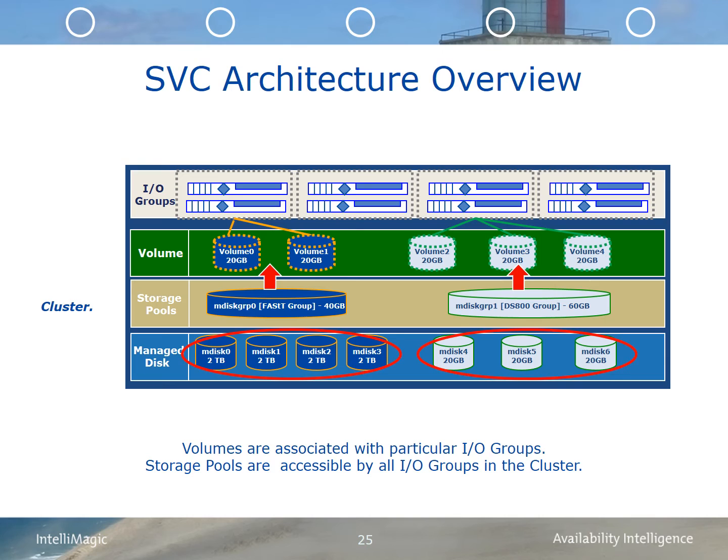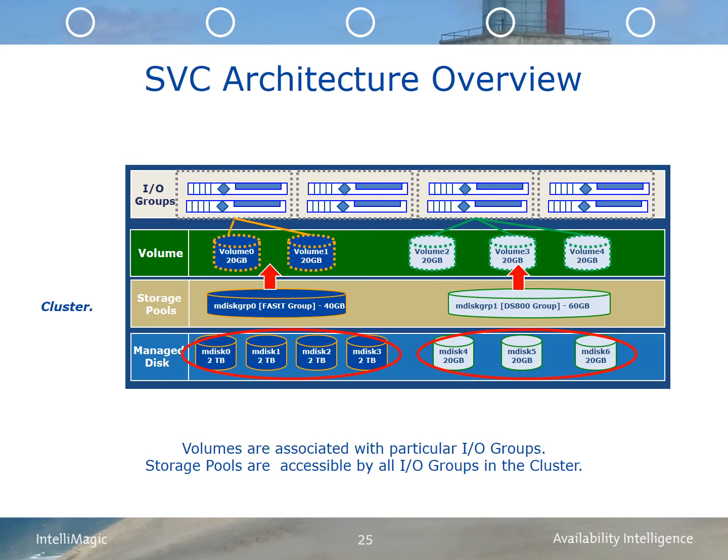The chart illustrates some of these logical components. Working our way from the bottom of the diagram to the top, at the bottom, we have storage systems. These storage systems externalize LUNs that are seen by the SVC, and they're called managed disks or MDisks. Each MDisk consists of a number of extents of a specified size, default being 1 gigabyte at this point.